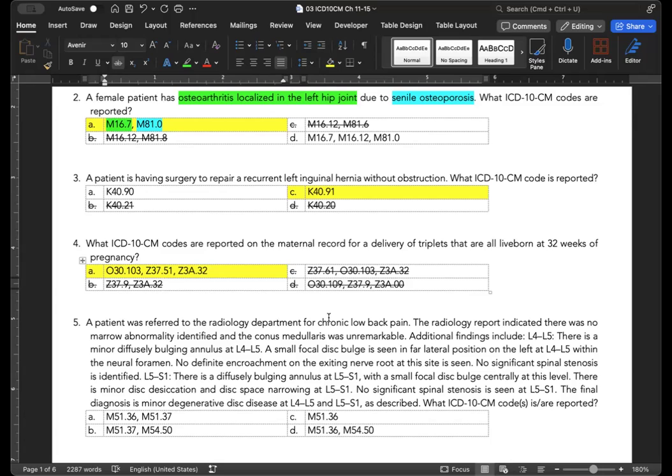Z3A is going to be after Z36. Why Z3A is between 36 and 37, I don't know. I wish I could give some insight into that one. But the Z3A, if you have the 2024 edition of the AAPC, it's on page 1318.